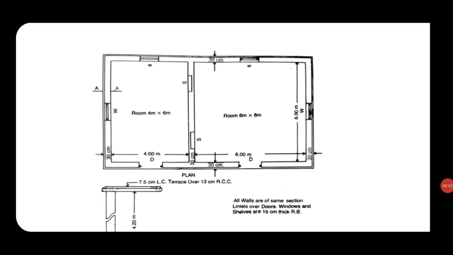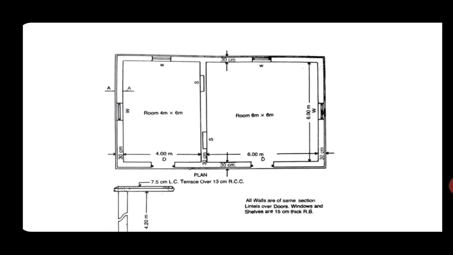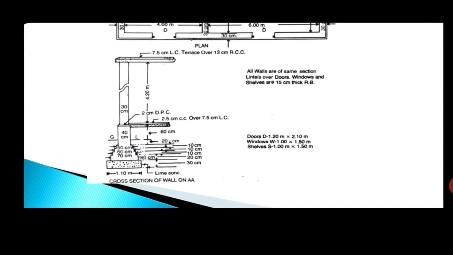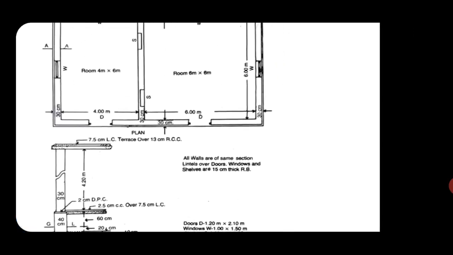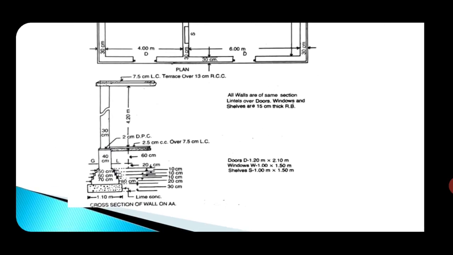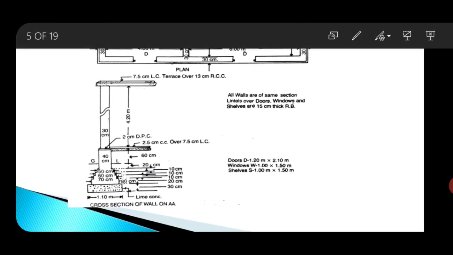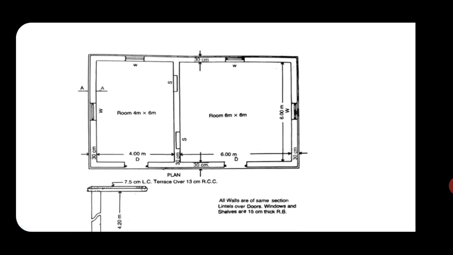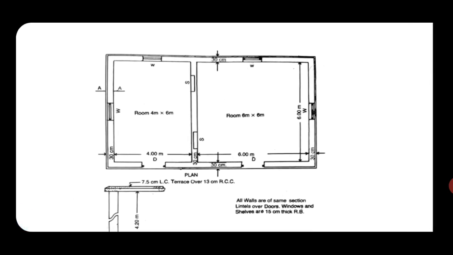Here this is the plan of the two-room building and this one is the section of the wall. The first step of the center line method is finding out the center to center length of the entire building, the total center to center length including the long wall and short wall.